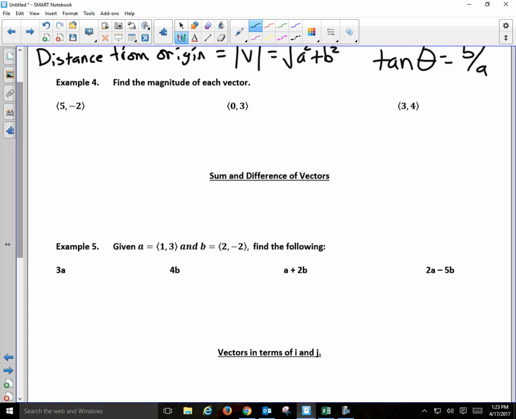So we start with example 4. Find the magnitude of each vector. Okay, (5, negative 2). Magnitude is going to be the square root of a squared plus b squared, which would be 25 plus 4.